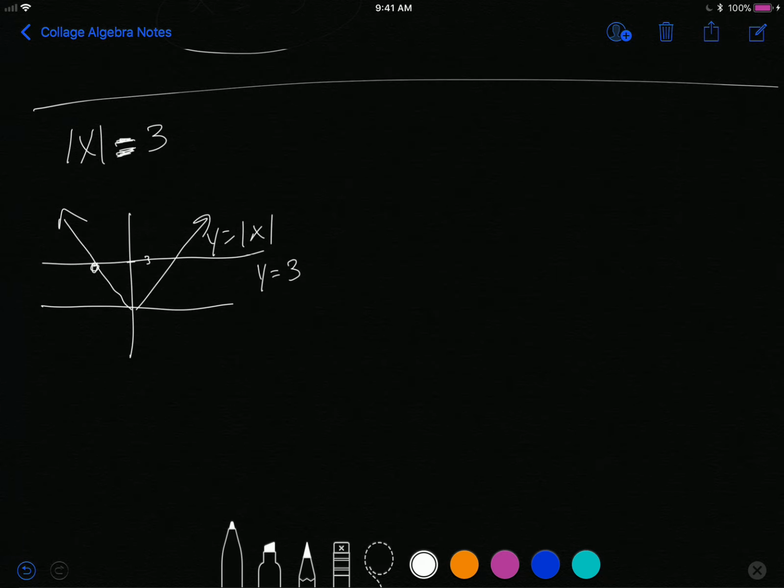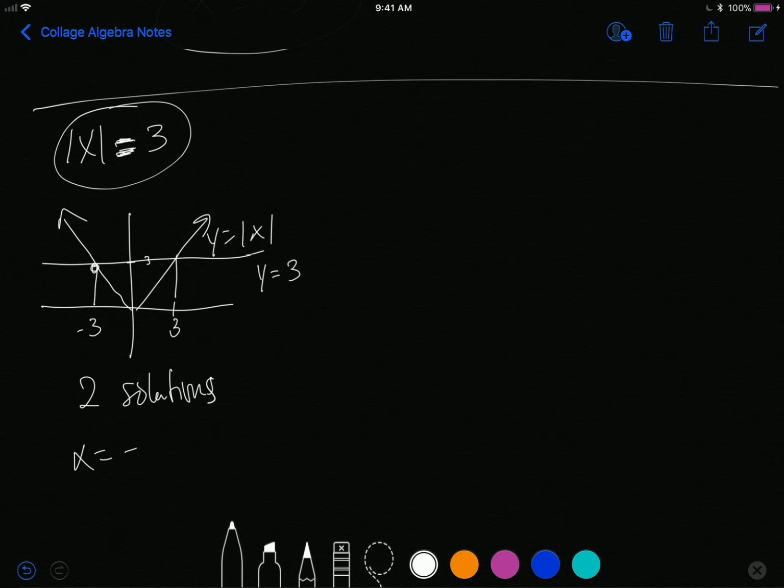And so the graphs meet here, which is at -3, and the graphs meet here, which is at 3. So this equation right here will have two solutions: x equaling -3 and x equaling 3. You get those two solutions because the line y equals 3 intersects with the absolute value function exactly twice.